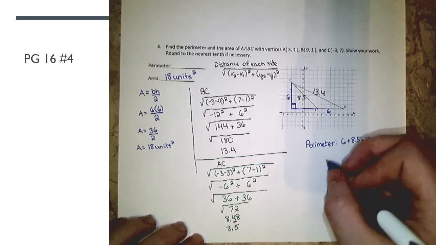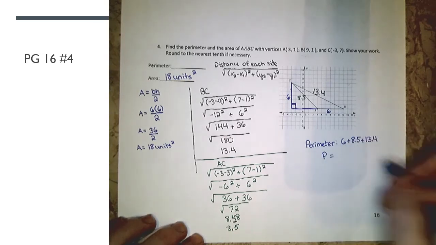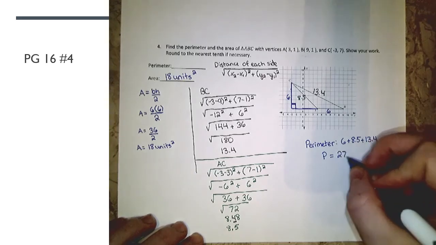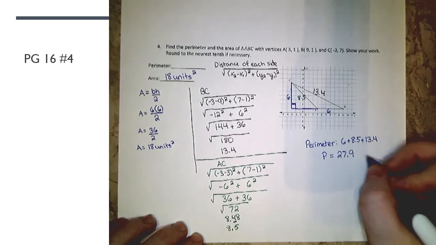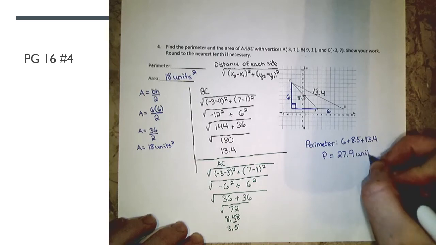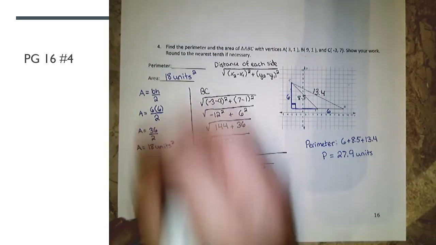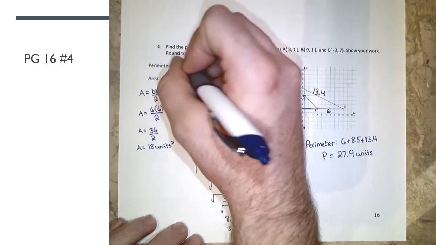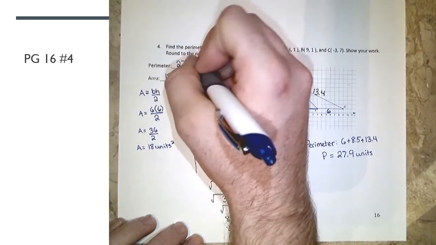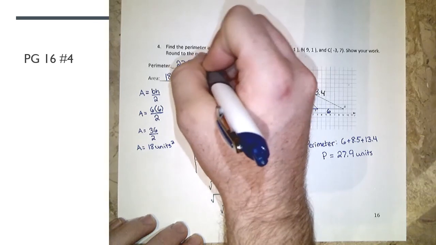When you add those together, the perimeter will equal 27.9 units. And since it's perimeter, it's just going to be units. It's not going to be units squared. So 27.9 units.